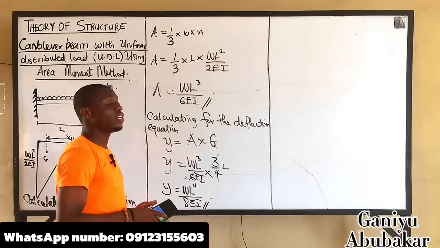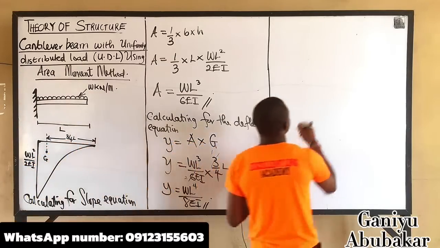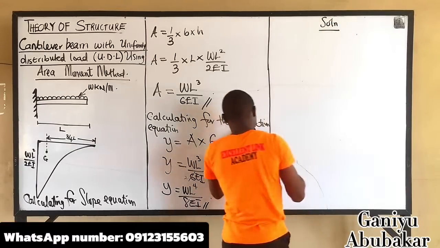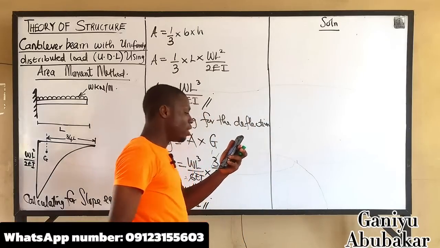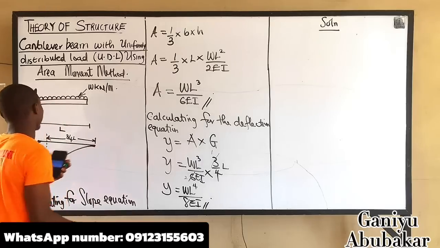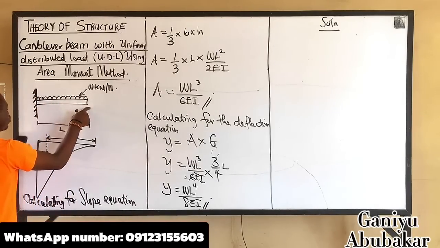First task is to write out the given parameters and units. Solution. What am I given? I'm given a length. A cantilever projecting 2.5 meter from the wall.